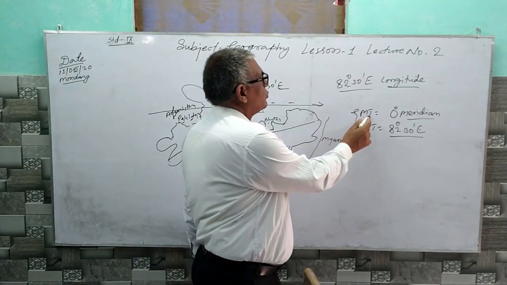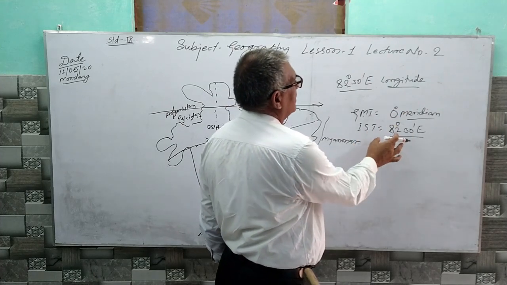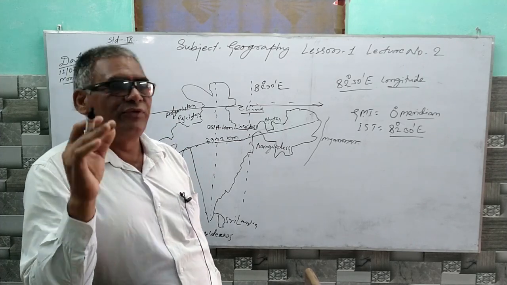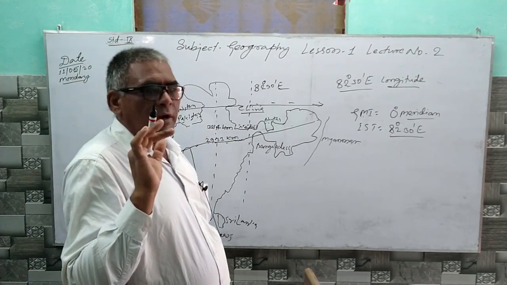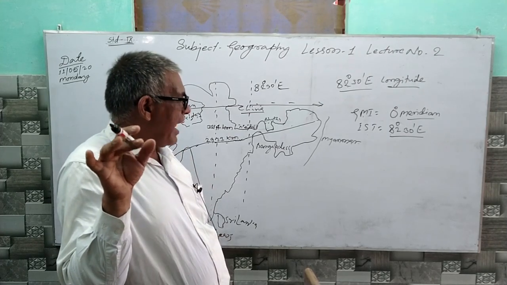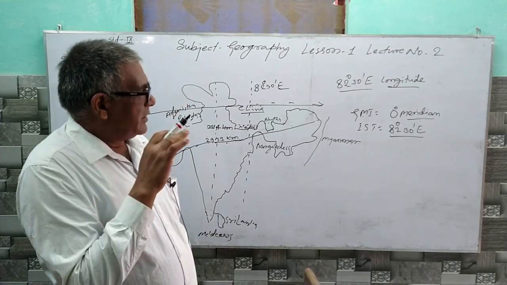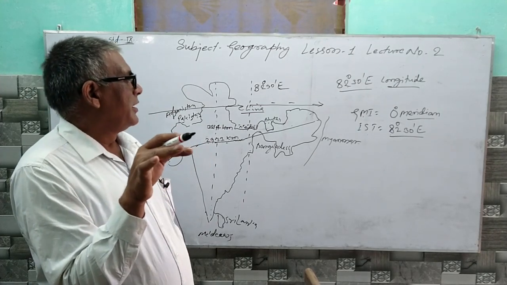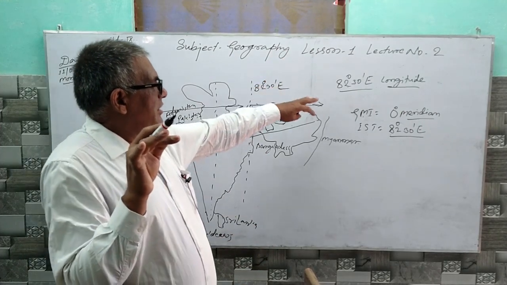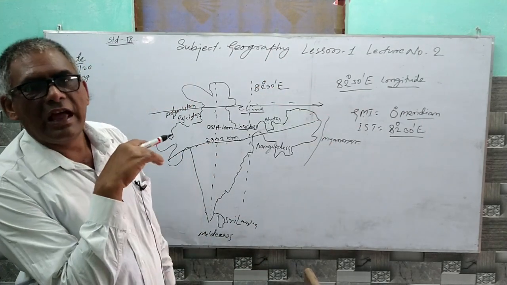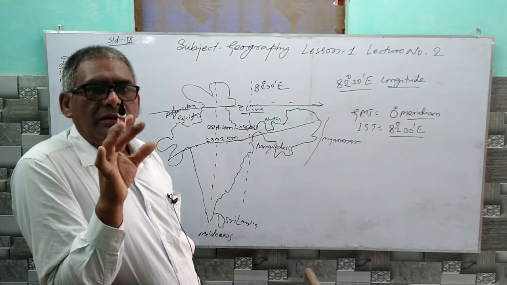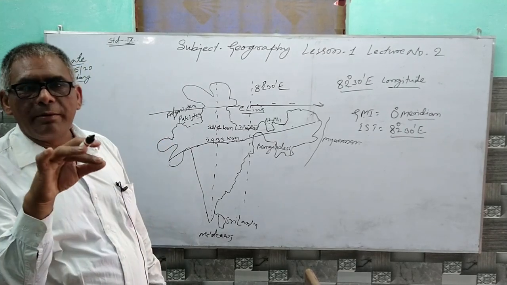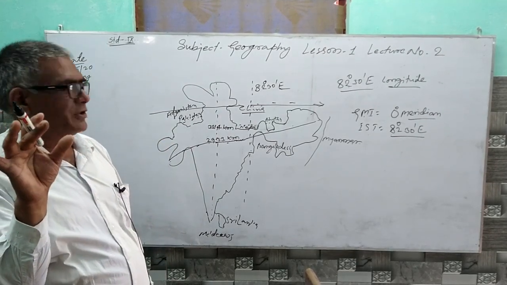So from GMT to IST there are 5 and a half time zones, so 15 times 5 is 75 degrees longitude, and there is also a 7 and a half degree longitude difference between GMT and IST. And so there is a time difference between GMT and IST of 5 hours and 30 minutes.